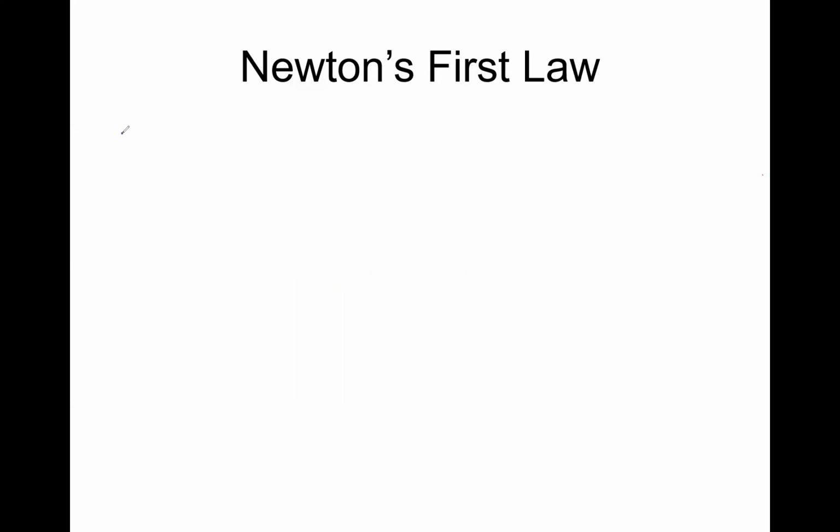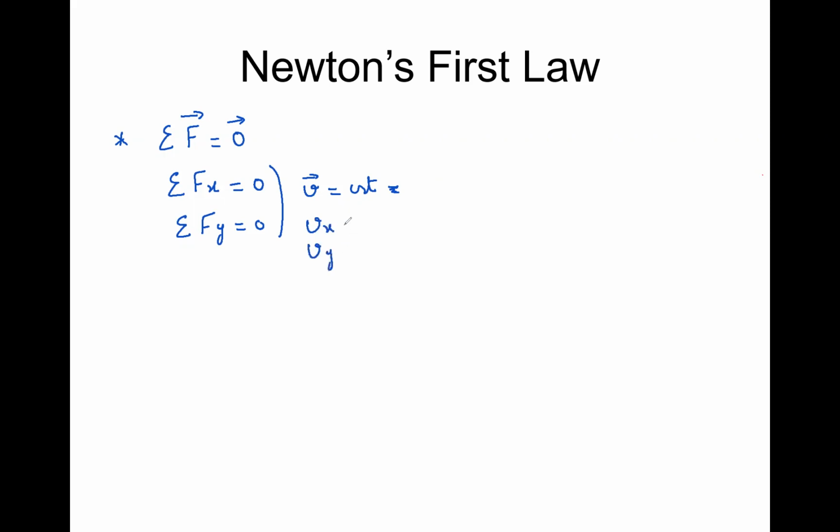Let's say here, as definition, if the summation of F applied on the object equal to 0, I mean F in function of x equal to 0, and F in function of y equal to 0, in this case, the velocity v must be constant, okay, which is equal, vx and vy must be constant. This is a general definition.